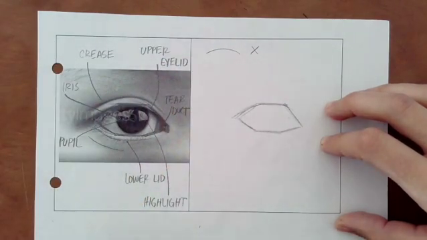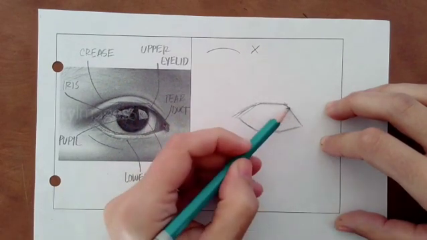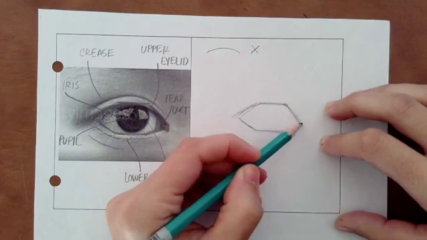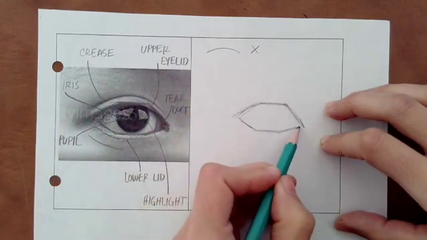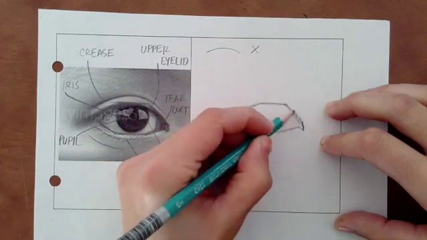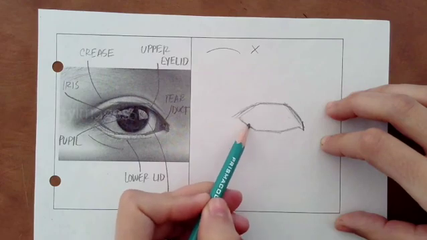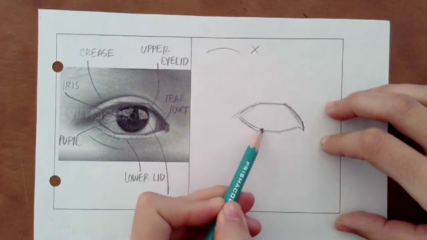Then I want to go directly into drawing the corner of the eye, the tear duct. And that's just because we tend to miss it. Without the tear duct, you just look like the beginning of a goldfish, and we don't want to look like that.